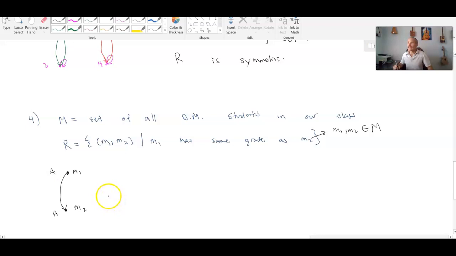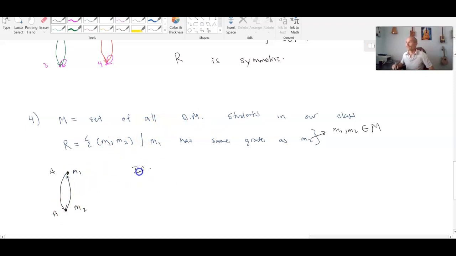Well, can we say it in reverse? Can we say that M2 has the same grade as M1? Well, yes, because they both have A's or they both have B's. So for M1 to have the same grade as M2, that means M2 has the same grade as M1. It's just a matter of switching the two names around. If Bill has the same grade as Sally, then Sally has the same grade as Bill. And reversing those two elements in that sentence does not change the fact they both have the same grade.